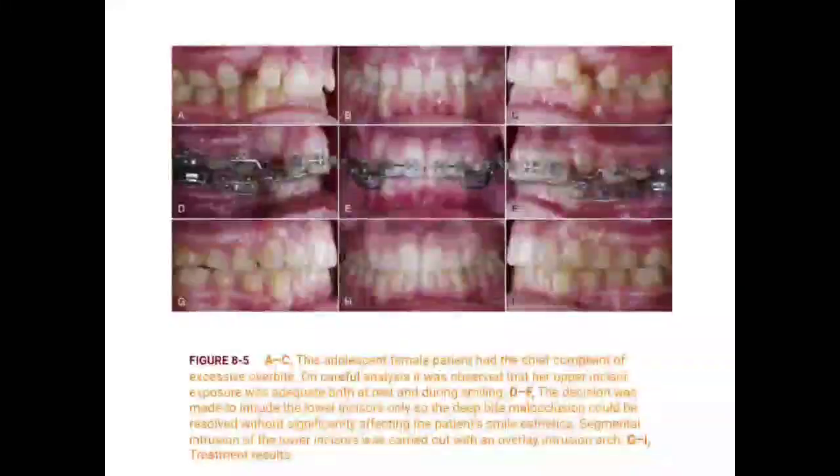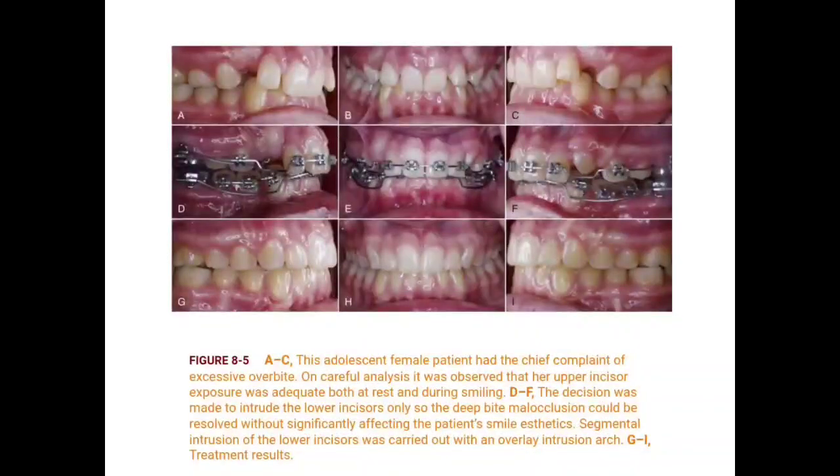Speaking about the smile lines, we have the normal smile line, a high one, and then the low one. With the normal one, when someone smiles, you expect to see about 75% to 100% of the maxillary incisors displaying.